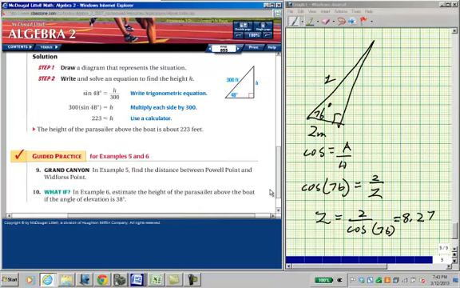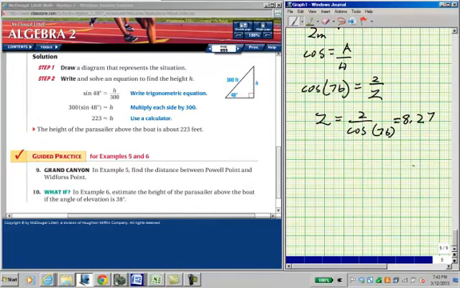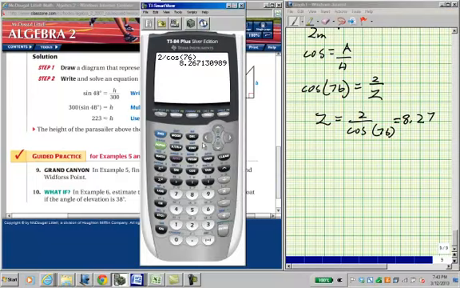Well, if it was 38, it would still be 300 feet of rope. So it would just be 300 times the sine of 38. Okay, so it would be lower, which makes sense. It'd be about 185 feet.